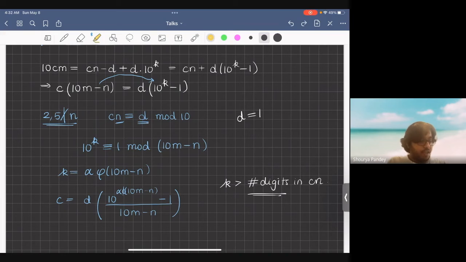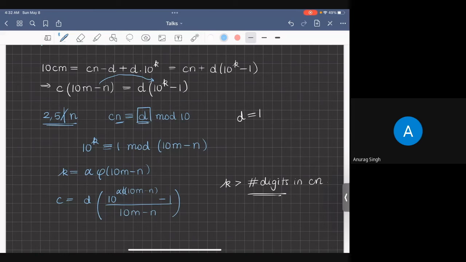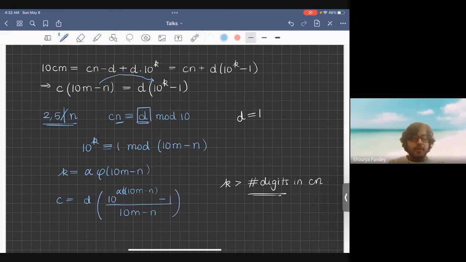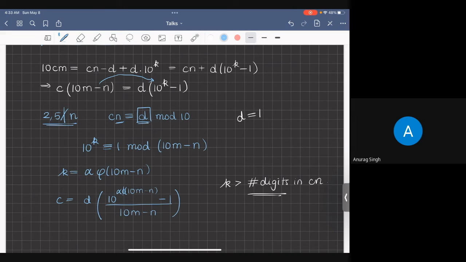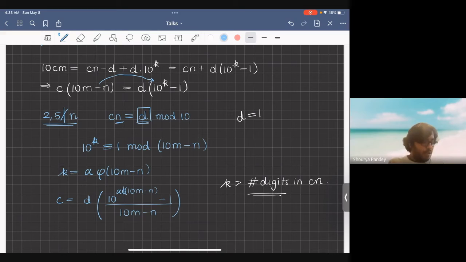Remember, we had a problem that if 10 divides n, then d must be 0, or some multiple of 2 or 5. But if n is neither a multiple of 2 nor a multiple of 5, then I can pick any d. Okay, that makes sense.